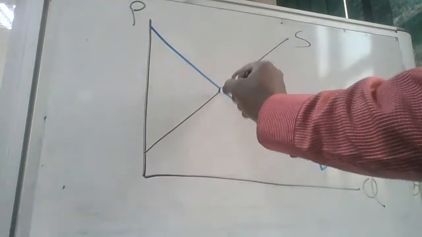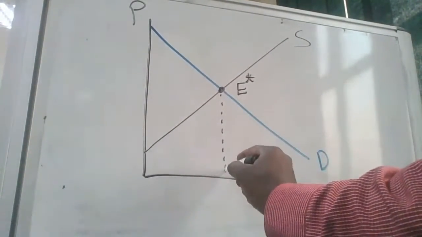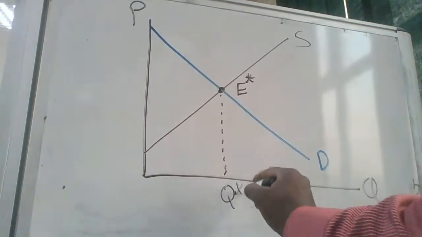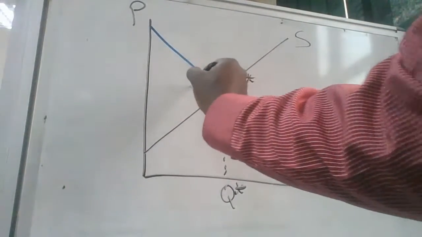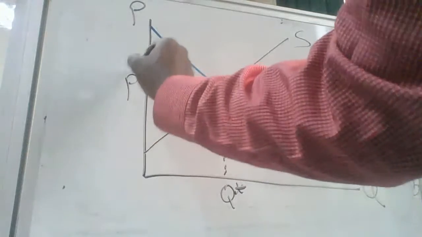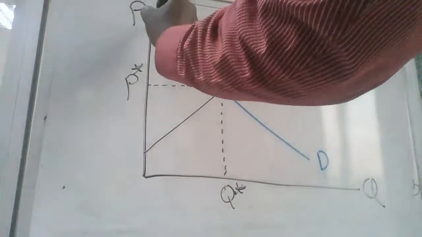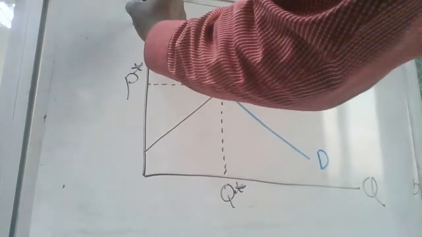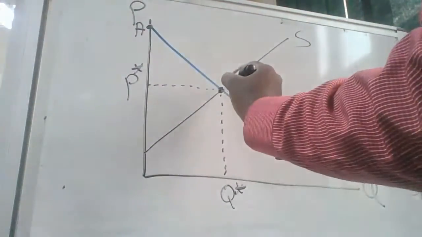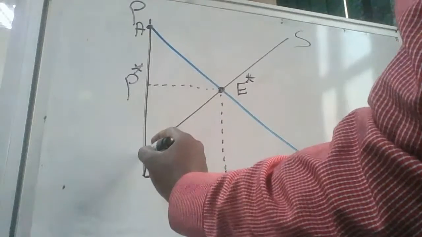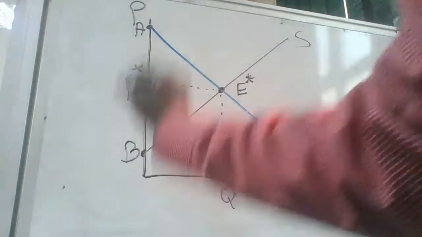The associated quantity is called the equilibrium quantity, while the associated price is called the equilibrium price. At the P-intercept, let's label this one A. We already have E here. Let's label this part B.